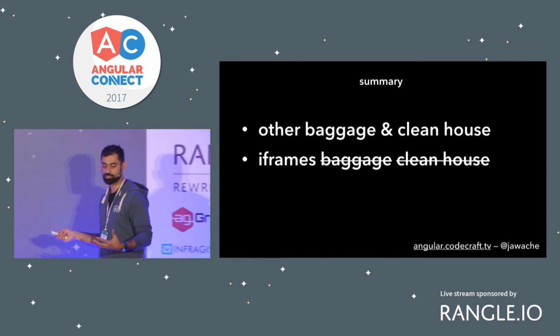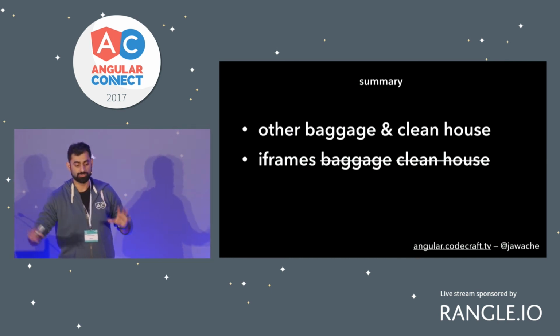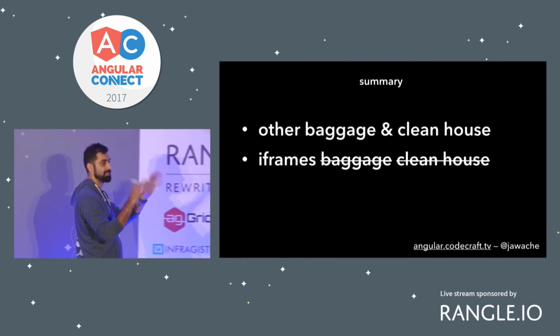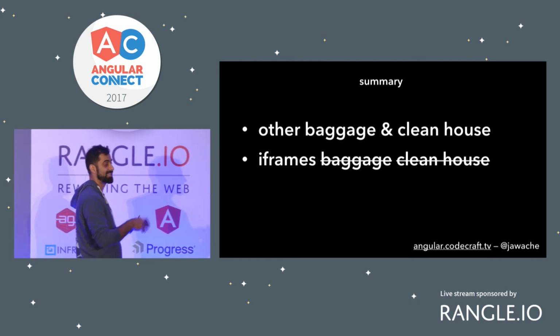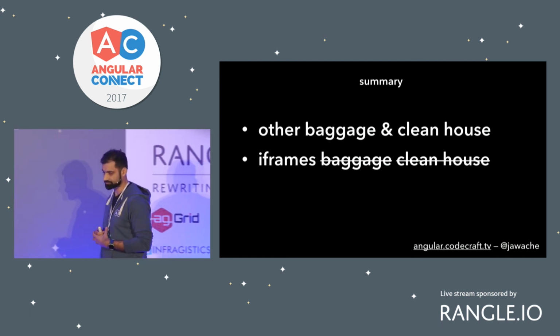So with the iframe solution, you don't have to deal with the old baggage. They're two completely separate applications. They can have their own modules, and you can just leave your wonderful AngularJS application with all of its emit and broadcast. You can leave it exactly as it is and just migrate to a beautiful new Angular application.